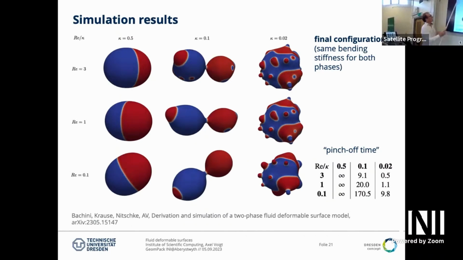So if it's very hard to deform the surface, then it essentially stays spherical or only slightly deforms, and you have all this coarsening mechanism of the interface between the two phases, leading to this minimal configuration where the interface is now on this long axis.